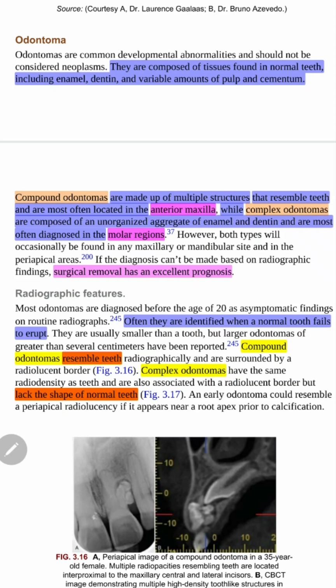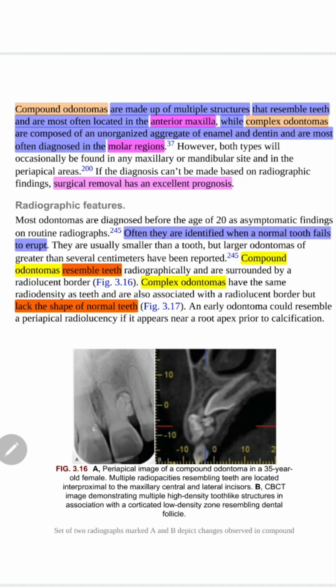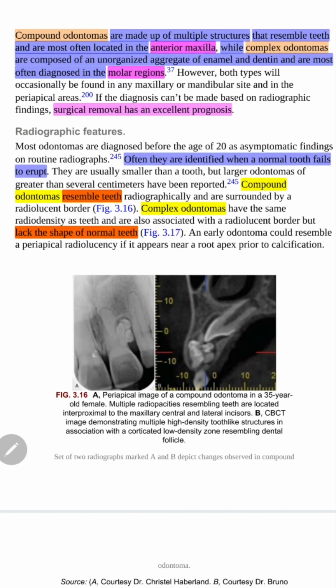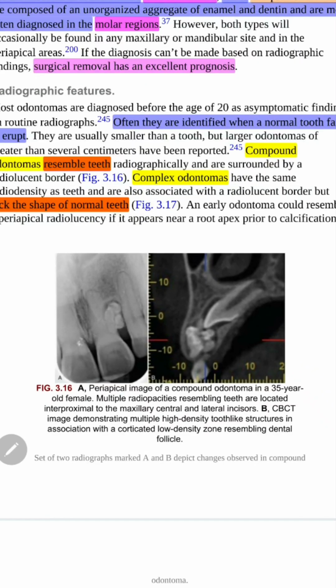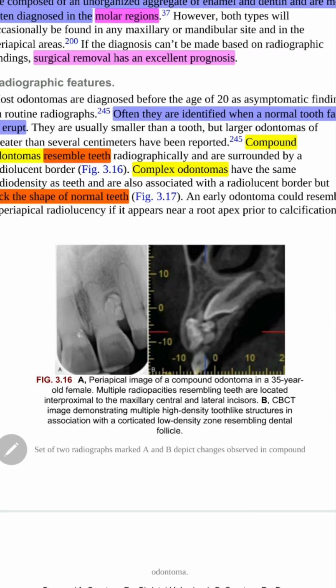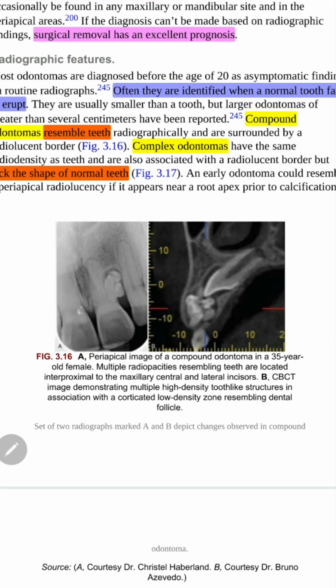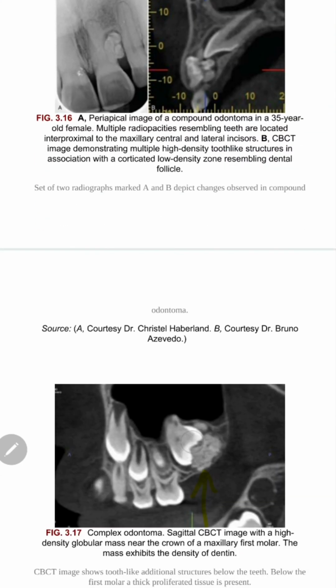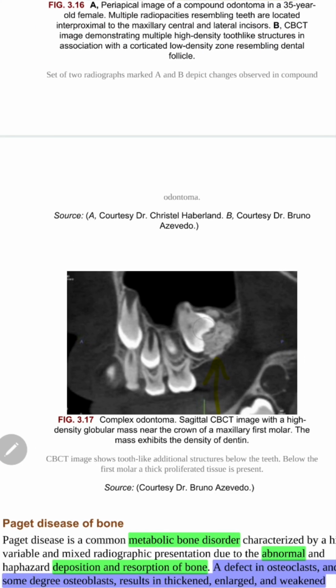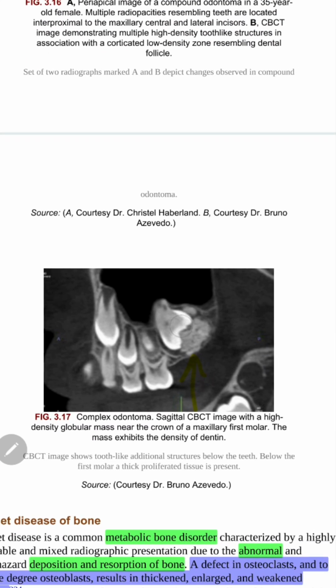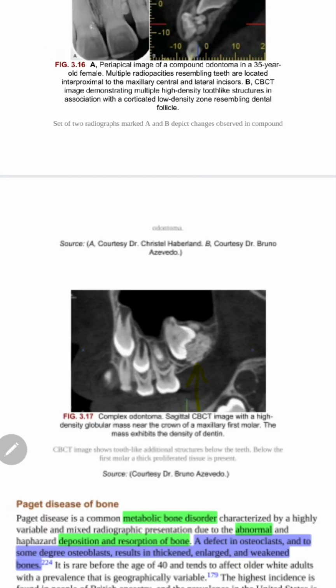It is actually associated with a non-erupting tooth, in the maxillary region or the molar region. We can see here the high density of tooth-like structures. Only extraction of these abnormalities is enough for having a normal eruption and a healthy tooth.